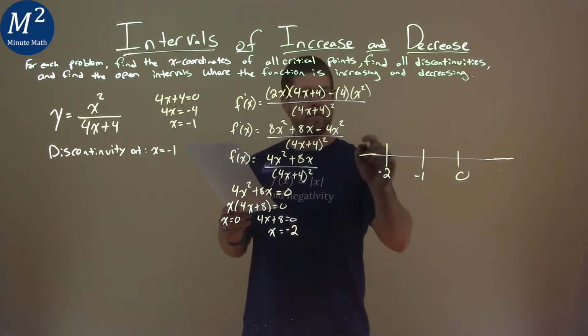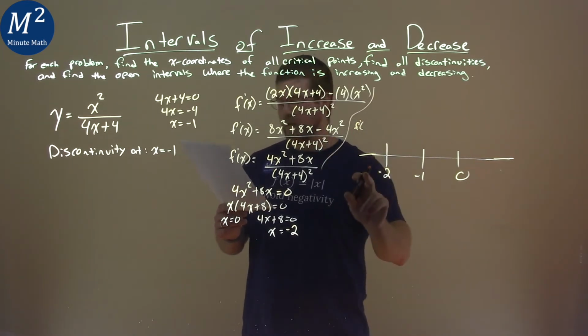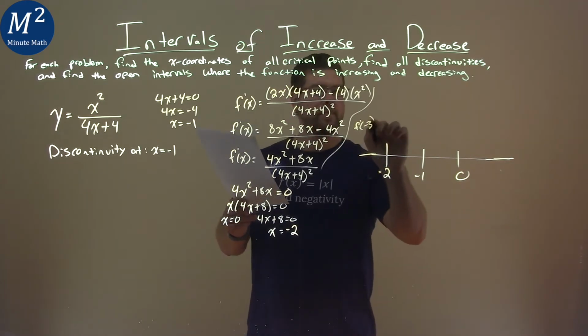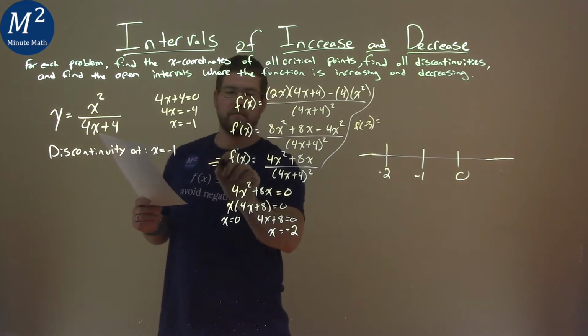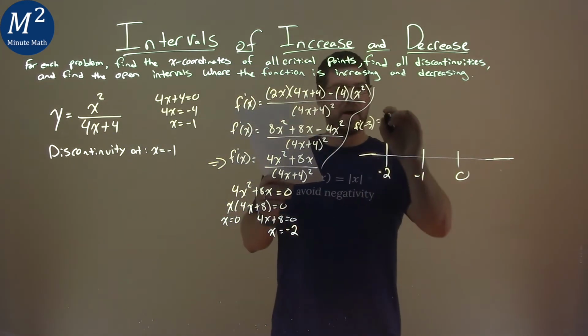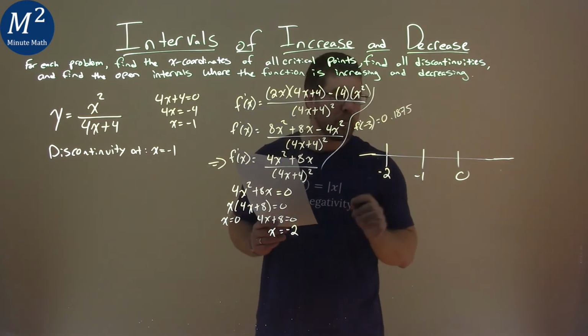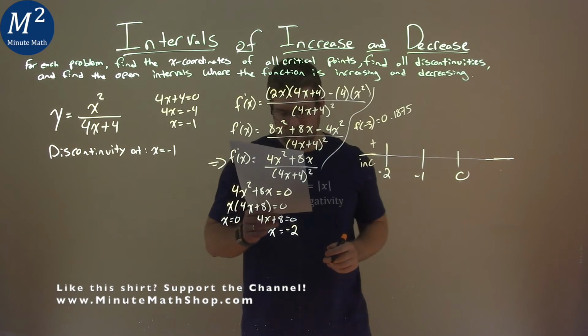So what we want to do is first find an f prime. I'm going to pick a value that's less than -2, and I picked -3. When I plugged into my derivative, I got 0.1875. Don't really care what the number is, but it's positive. That means our function is increasing on that interval.